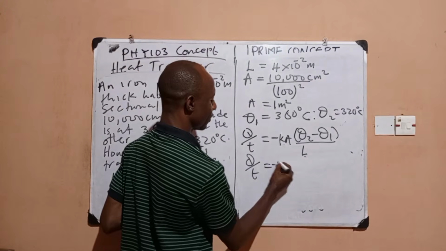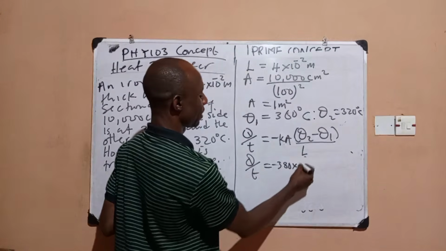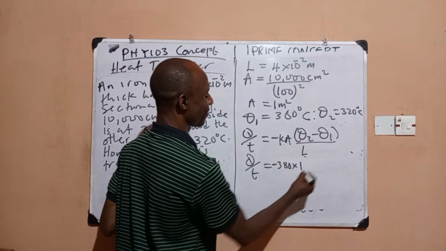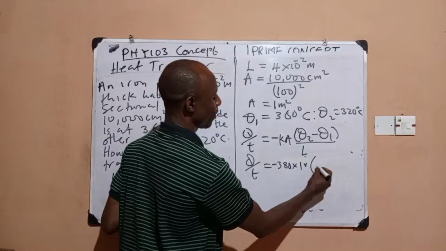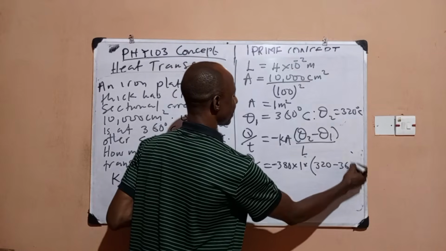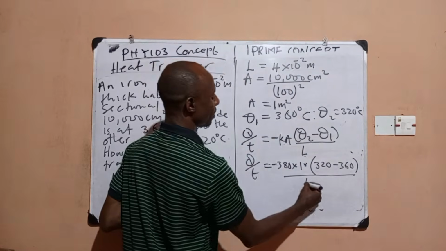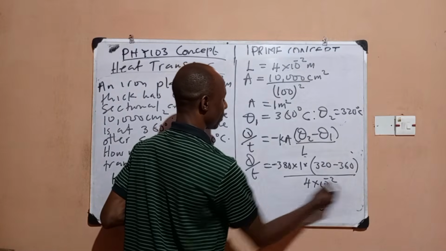So minus 380 times area, and our area is 1, times 320 minus 360, all divided by the length, which is 4 times 10 to the power minus 2.